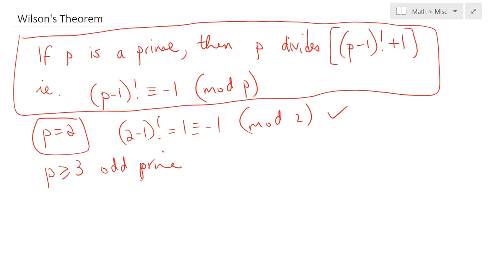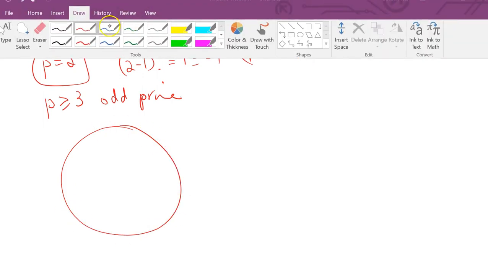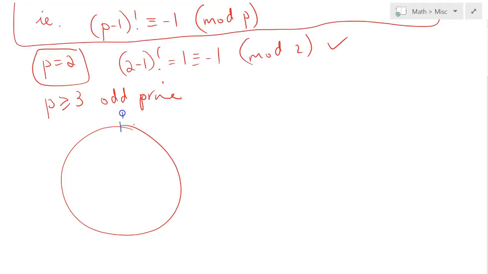Okay, so how to proceed? Simply consider a regular p-gon. When I say a regular p-gon, you can simply consider a circle with p points on it. So 1, 2, 3, and so on, P minus 1, (p minus 1) over 2, (p plus 1) over 2, and then how many polygons can we form by joining these points?